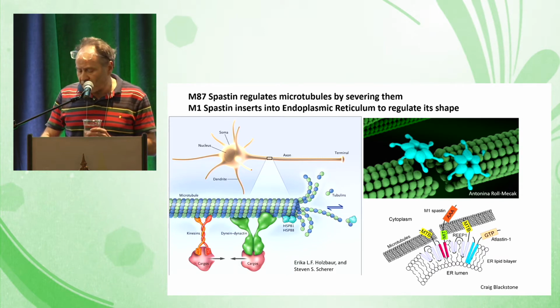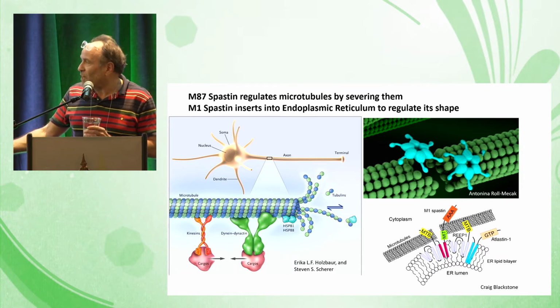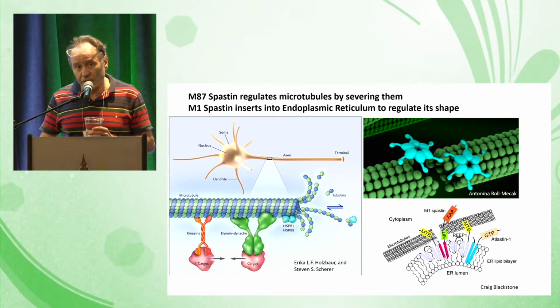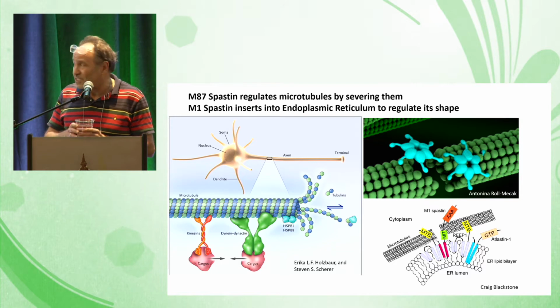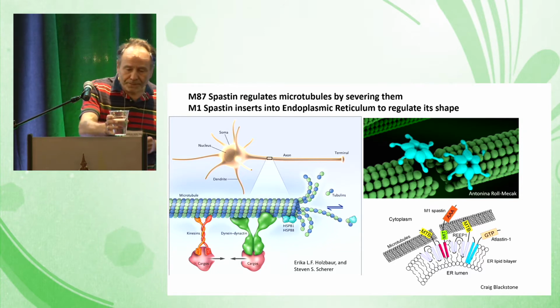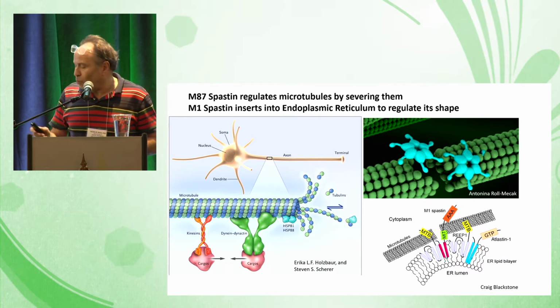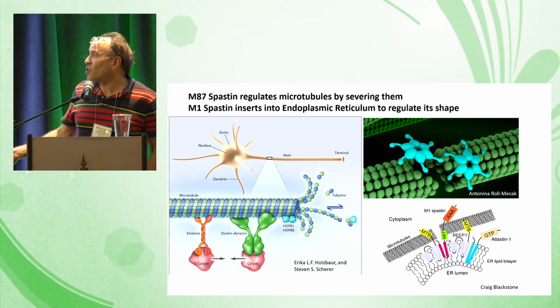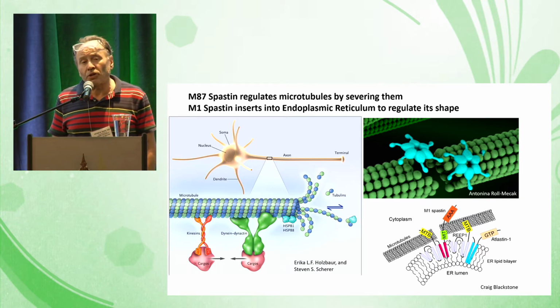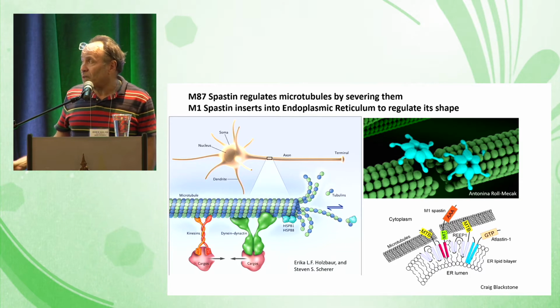What you see here, these are called molecular motor proteins, and they're what move along the microtubule to convey different sorts of things. What's depicted here is called the endoplasmic reticulum, and that's a network of internal membrane. So M87 has its big role in cutting microtubules.